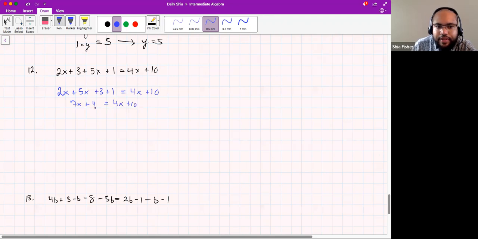Now I will move the 4 from the left side to the right side. And then I will move the 4x from the right side to the left side, like this.